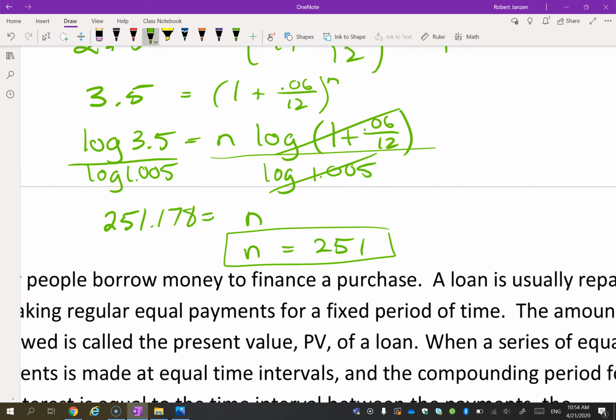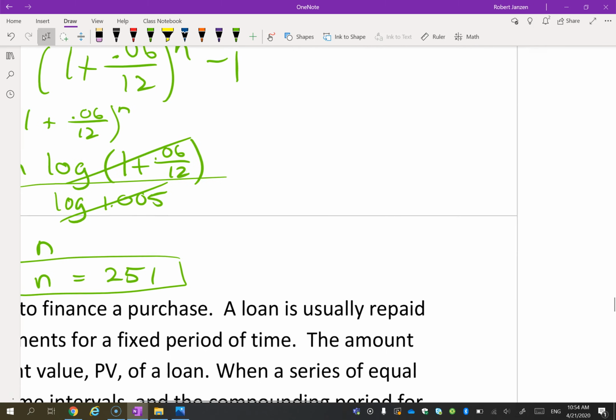Okay? Now, just as an aside, that seems like a lot. Like 251 months, that's 251 divided by 12. That's quite a few months. It's 20 years. Okay? But what is 251 times 200?